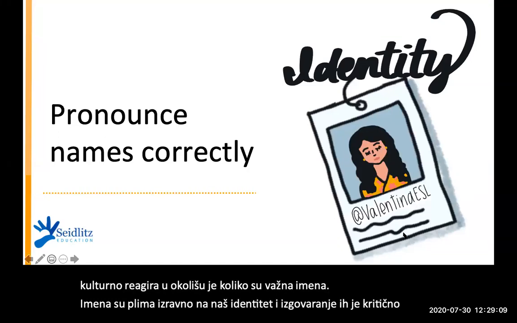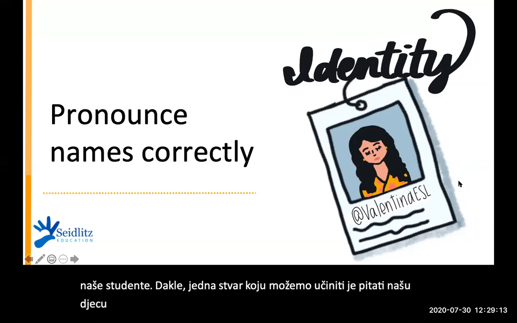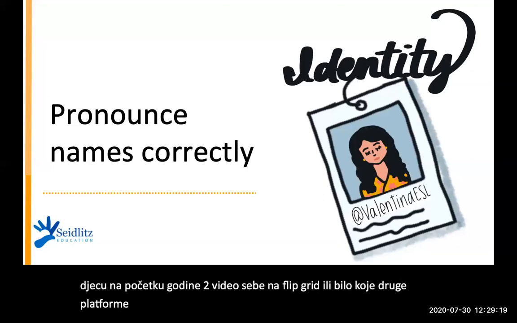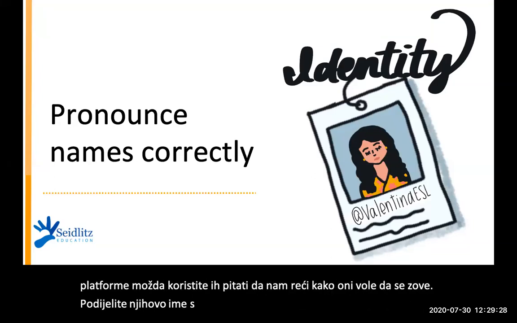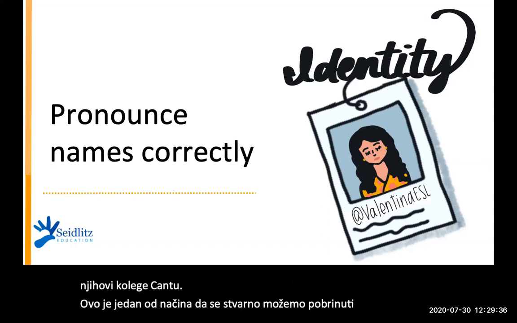So one thing we can do is ask our kids at the beginning of the year to video themselves on Flipgrid or whatever other platform you might be using, and ask them to tell us how they like to be called. Share their name with us, and we can play that over and over again, and their classmates can too. This is one way that we can really ensure that we're pronouncing our kids' names correctly.